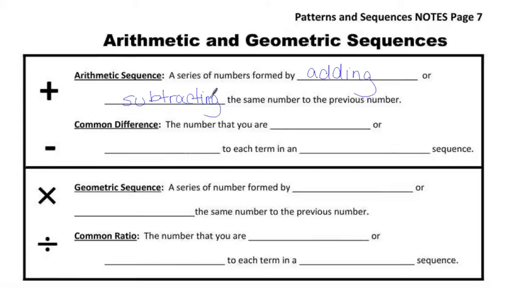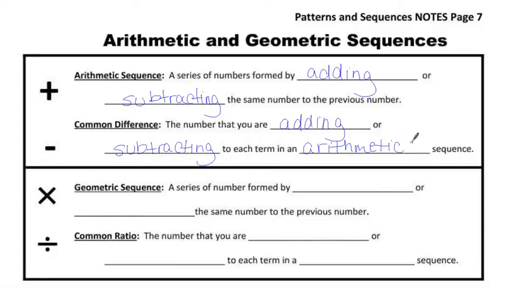And then with arithmetic sequences, we have a common difference. So it's the actual number that you are adding or subtracting to each term in an arithmetic sequence.